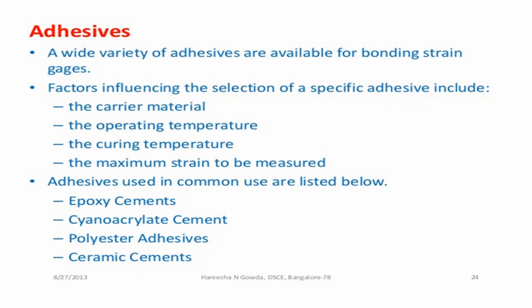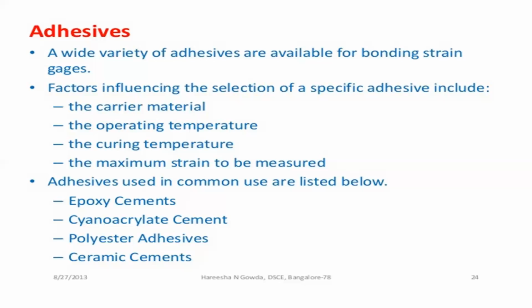Okay, so what are adhesives? It means a wide variety of adhesives available for bonding a strain gauge. Different types of adhesives are bonded with the strain gauge based upon the different applications. What are the different factors influencing the selection of adhesives?